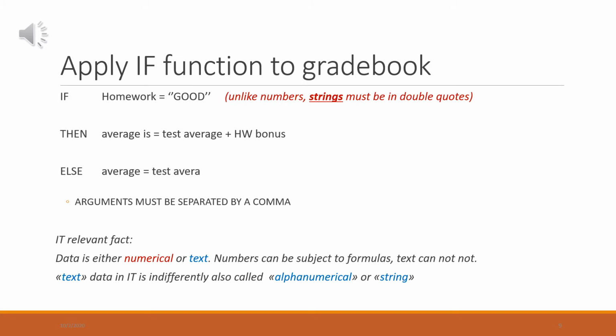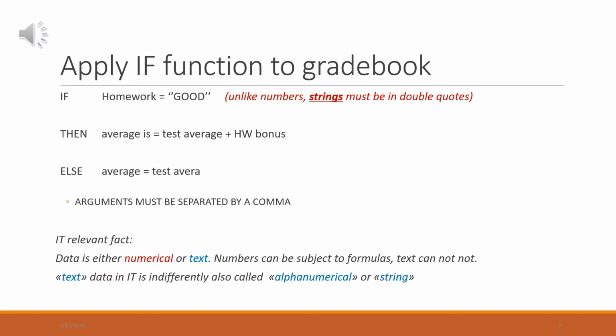And the question we have to pose, the first argument of the IF, is homework is equal to good. Homework, have you seen, I have described it as either good or poor, in capital letters. You will now understand that you have to write it exactly as I did, and if it's good in capital, it must be good all caps.